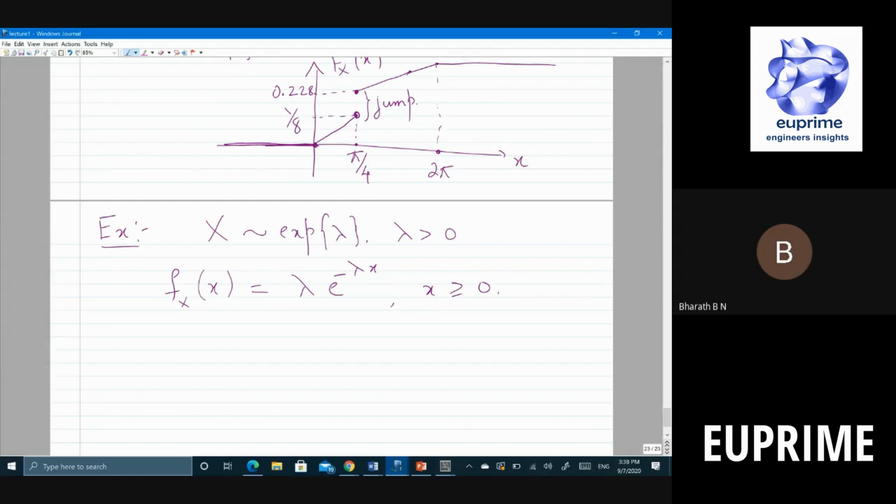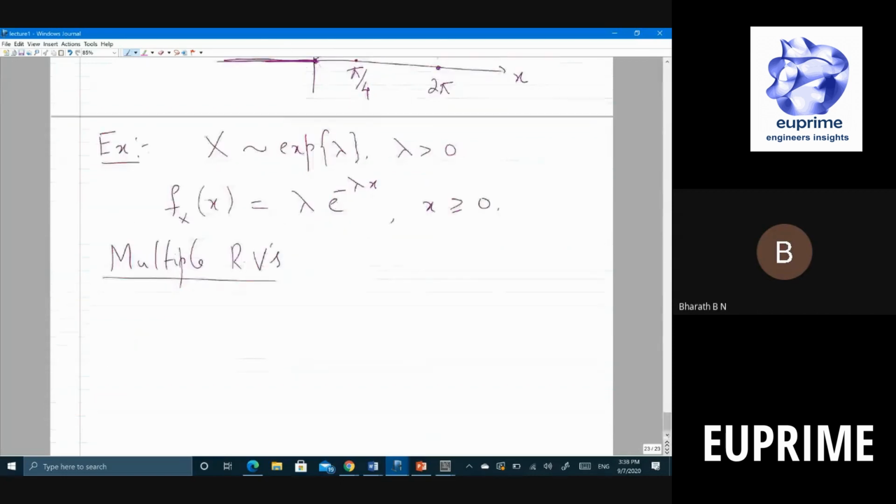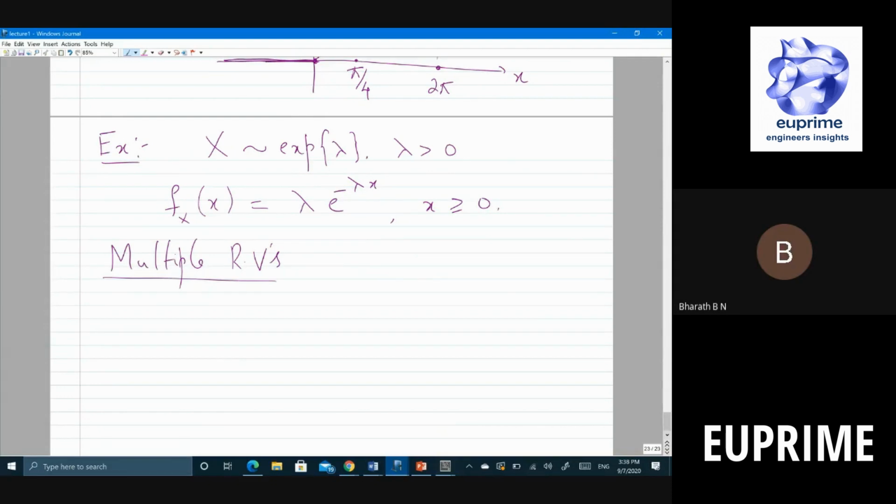Okay, so we will look at what is known as multiple random variables. So what if we have n random variables? Where do you get such a thing? For example, instead of having one disk, you have n disks and there are n people rotating. So you have n outcomes and I want to map each one of them to a random variable. So you'll have x1, x2, x3, up to xn.